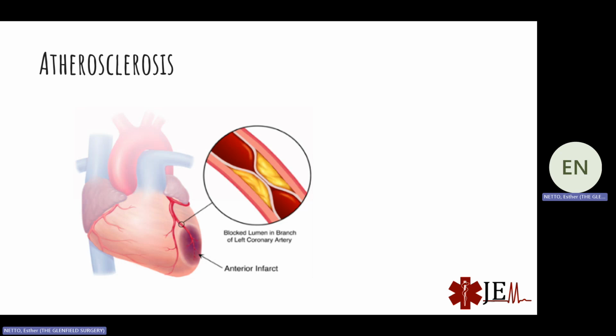So any excess fats that we have in our body, such as cholesterol or other types of fats, can be deposited in our arteries, and that can build up and lead to atherosclerosis. Now, I'm sure you can see by this diagram, if the atherosclerosis is really severe, then that's going to restrict the blood supply through that artery. And ultimately, what's going to happen is any tissue that's beyond that point is therefore not going to receive any blood supply and not receive enough oxygen. And that's where the trouble is.